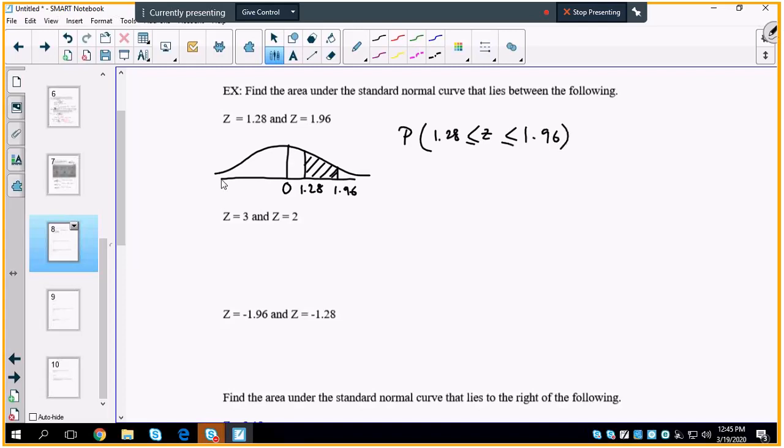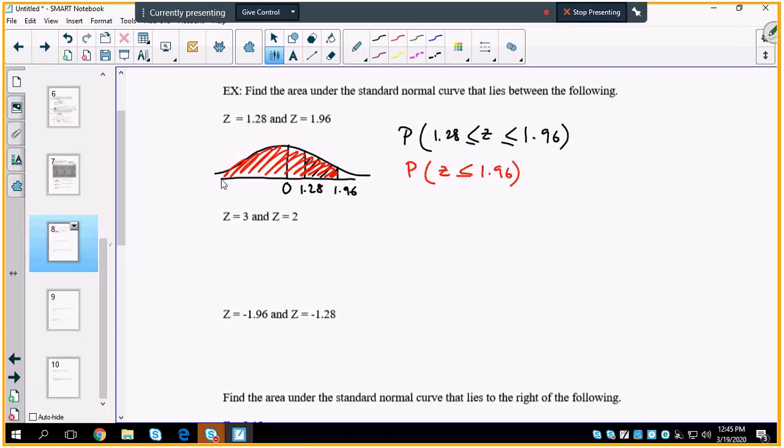Remember, the table gives you the area to the left. So you first find all the area to the left of the higher z-score. You will get it in the table. So write it: this is the probability of z less than or equal to 1.96. Then you do what?